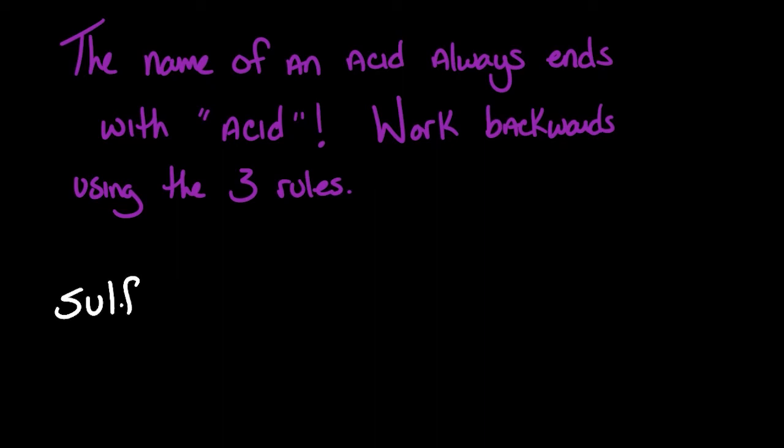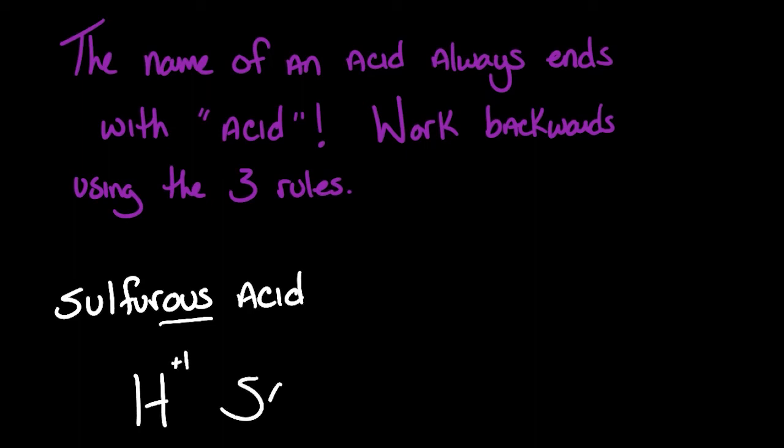In our second example, let's look at the acid sulfurous acid. Again, I know this is an acid because it ends in acid, and I also notice the OUS ending. That means the anion, or X in this chemical formula, ends in ITE. So I'm gonna have to pull out my polyatomic list and find sulfite, or SO3.